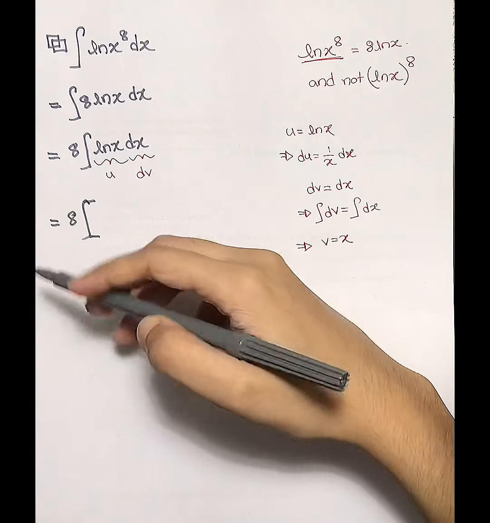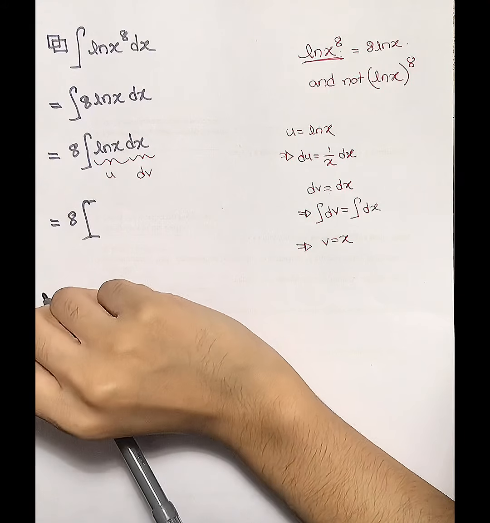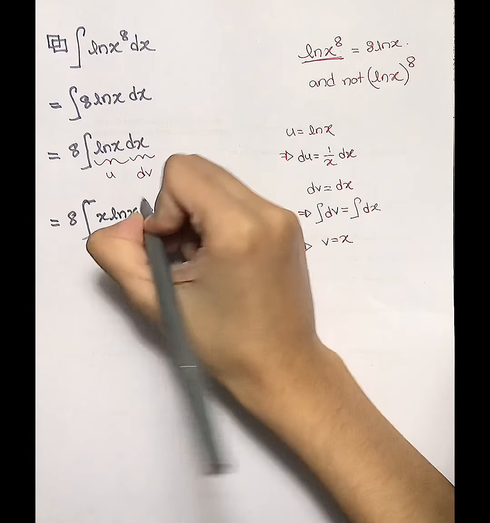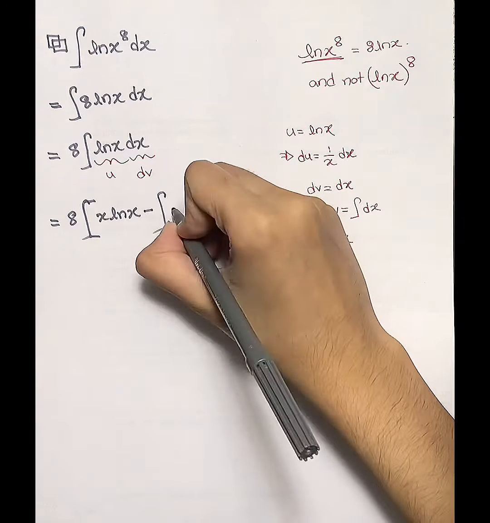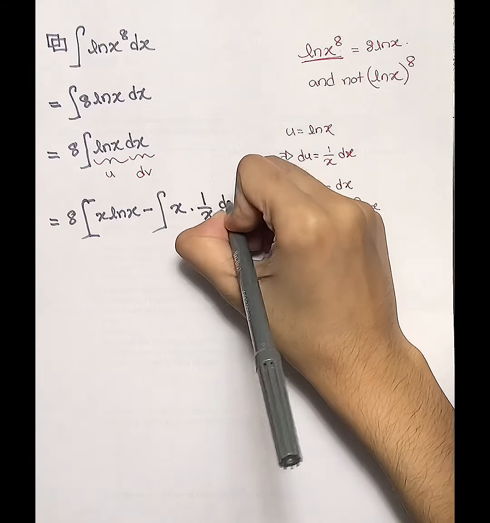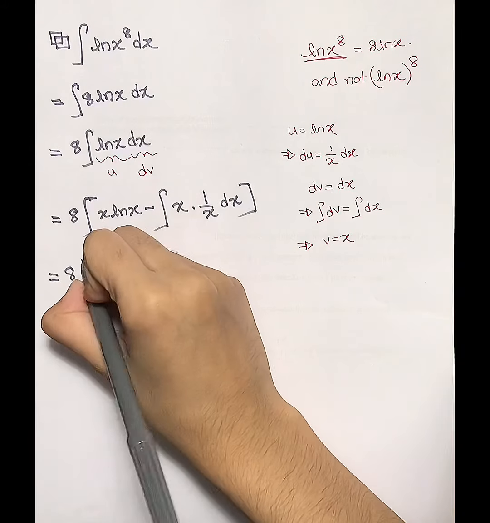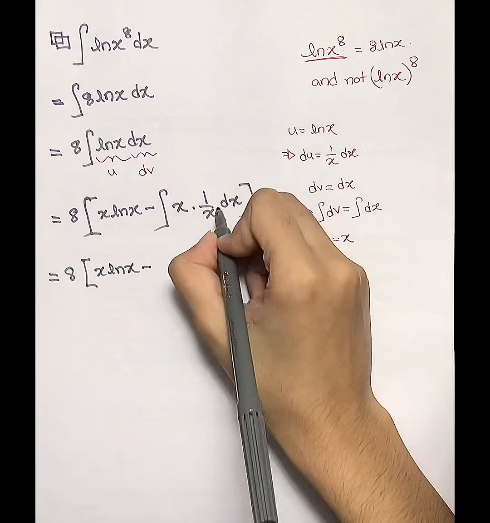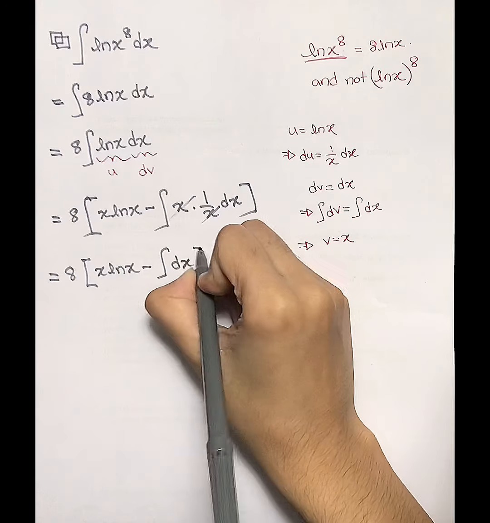Then I will have 8, and according to my formula I will have u into v, which is x into ln x, minus integration of v du, where my v is x and my du is 1 by x dx. Then I will have 8 into x ln x minus, and this x will cancel out, integration of dx.